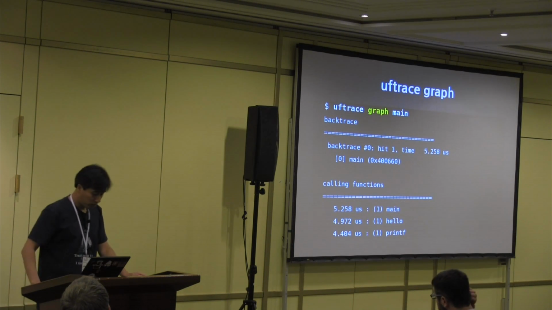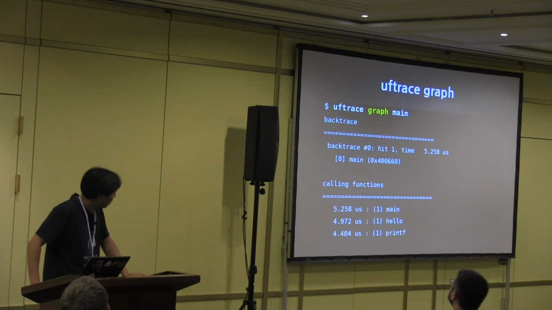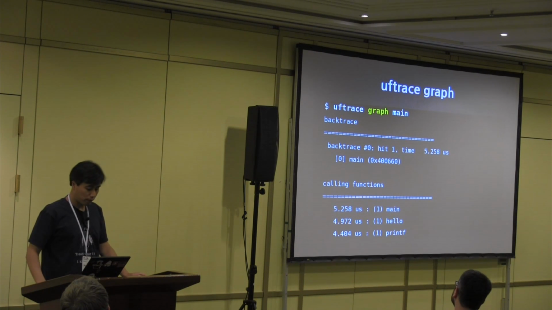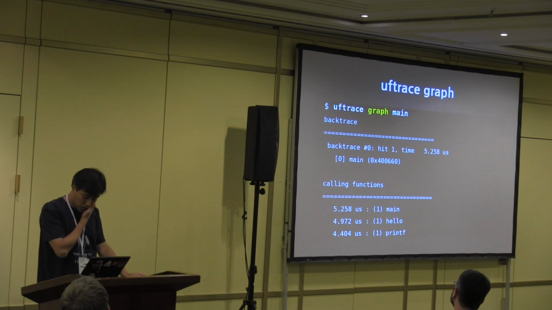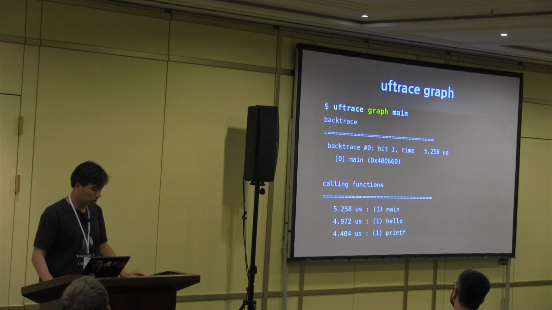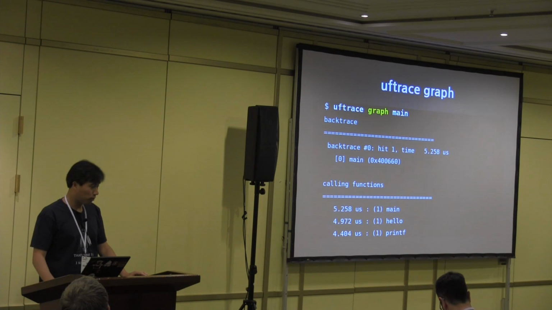And the uftrace graph command shows a function call graph of a function. In this case, the main function is used, and basically it shows the backtrace of a given function and the functions called from that function.